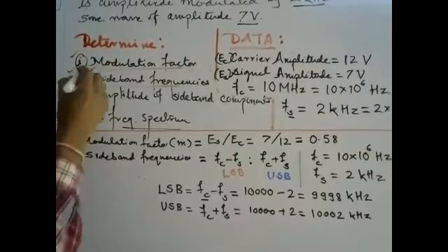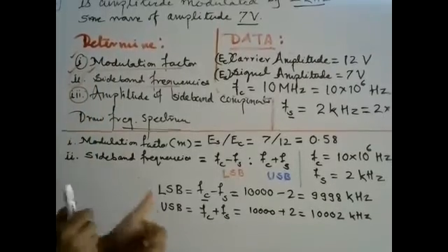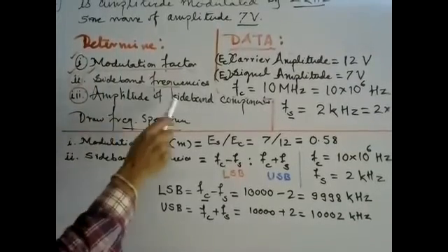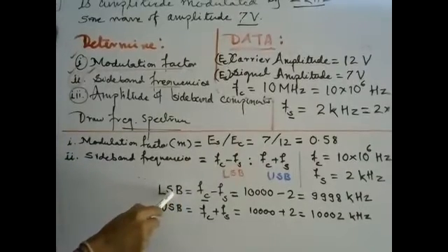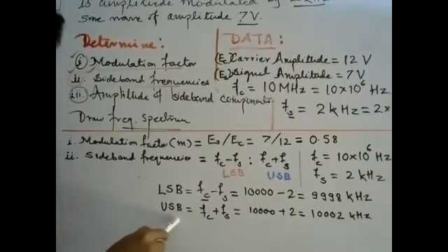Now we will try for the third, that is the amplitude of sideband. Sideband means LSB and USB.